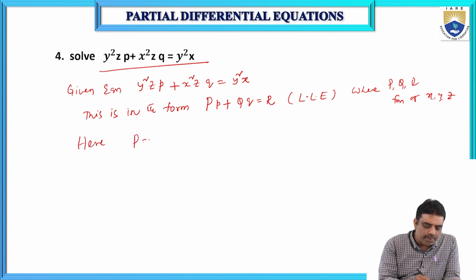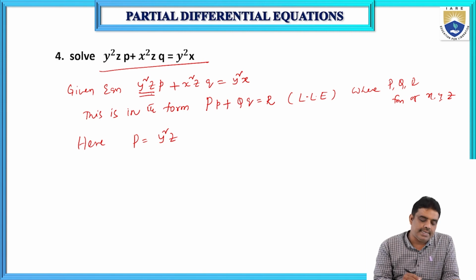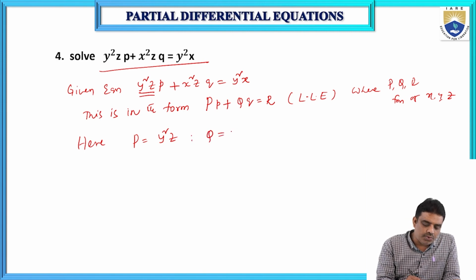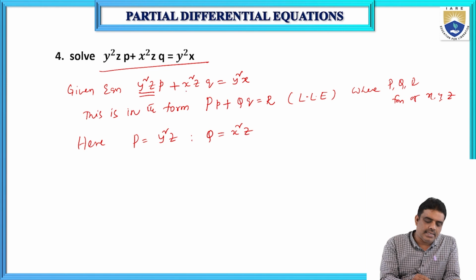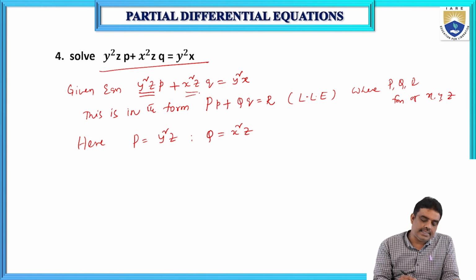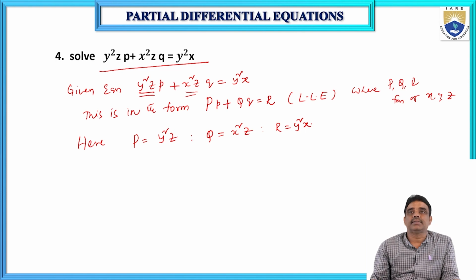Here what is capital P? The coefficient of p is y square z. And what is capital Q? X square z, capital Q, and R is equal to y square x.